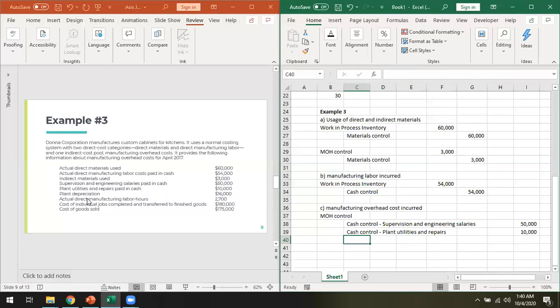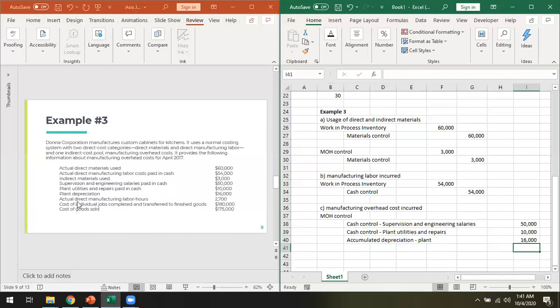Okay. Another account is plant depreciation. So for depreciation, the credit of depreciation expense is accumulated depreciation. So we use accumulated depreciation account. Depreciation for plant is $16,000.